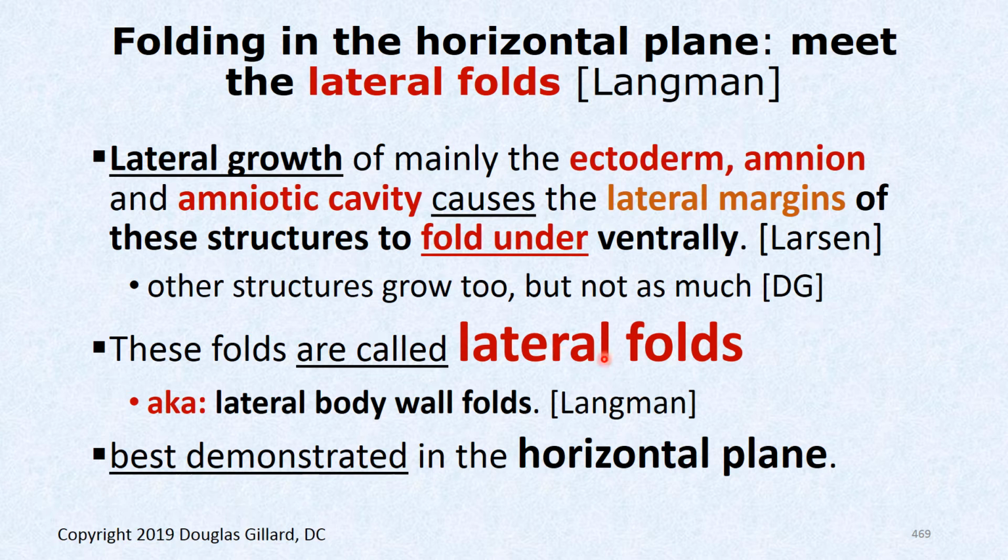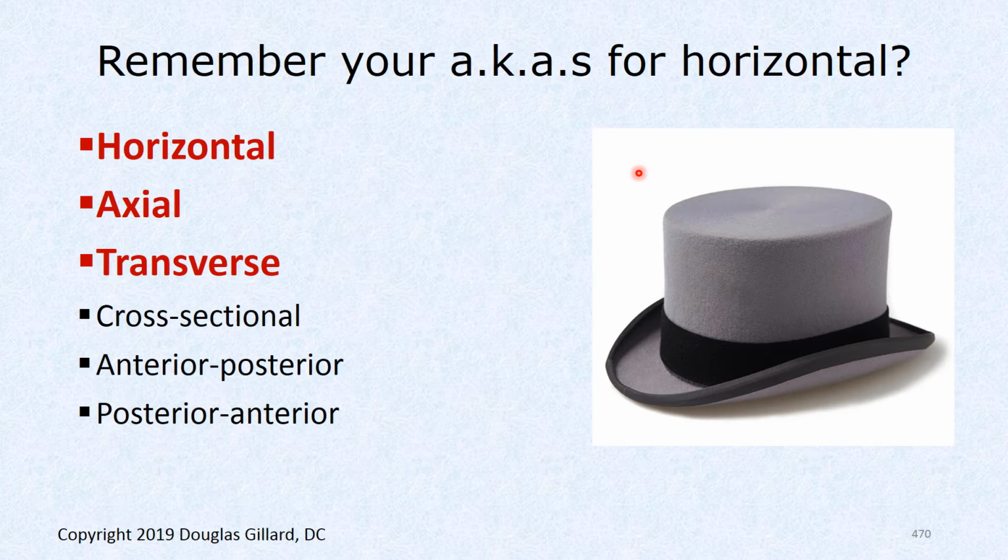These folds again are called lateral folds or lateral body wall folds, best demonstrated in the horizontal plane. Again, don't forget HAT: AKAs are horizontal, axial, and transverse. I said that already. Or some other AKAs: cross-sectional, anterior to posterior, posterior to anterior. These are all AKAs.